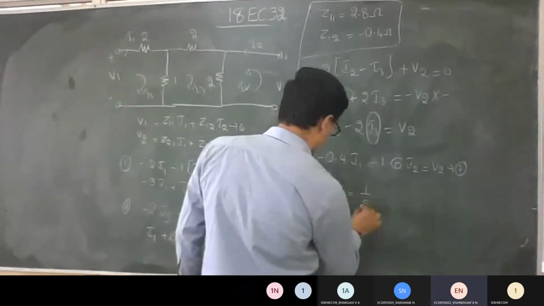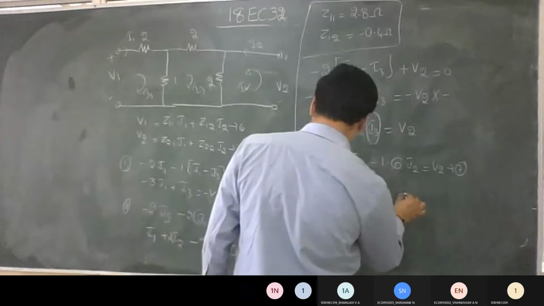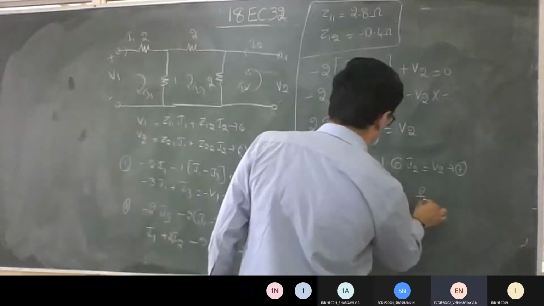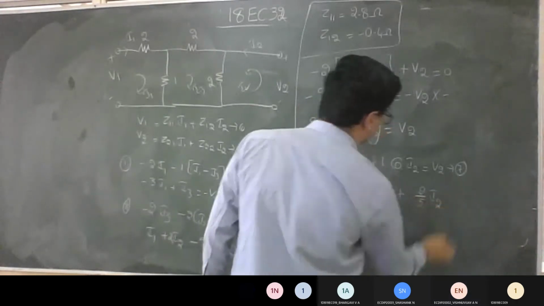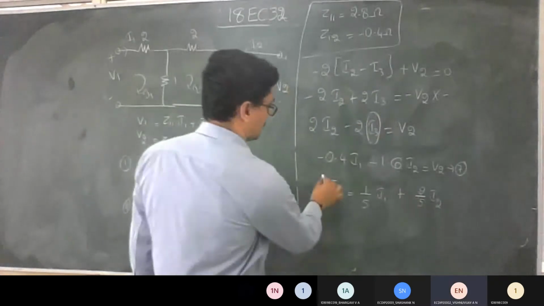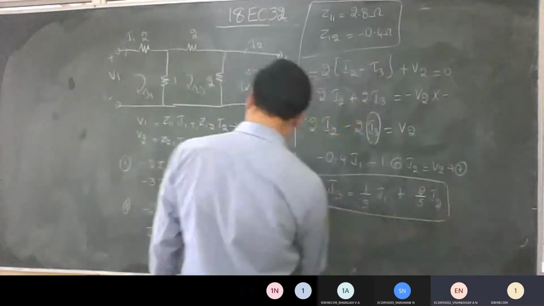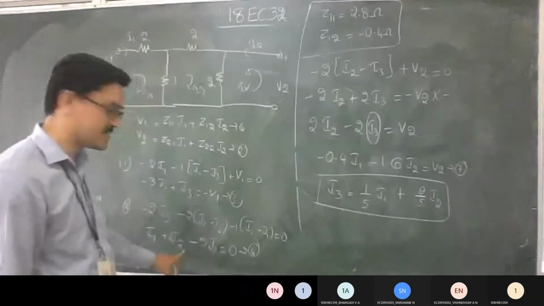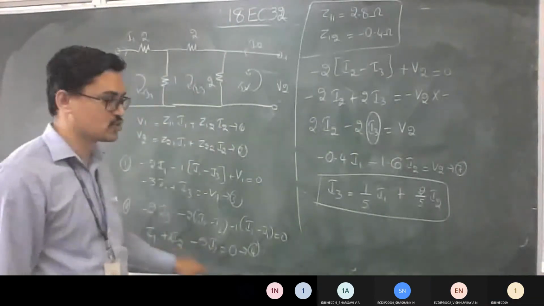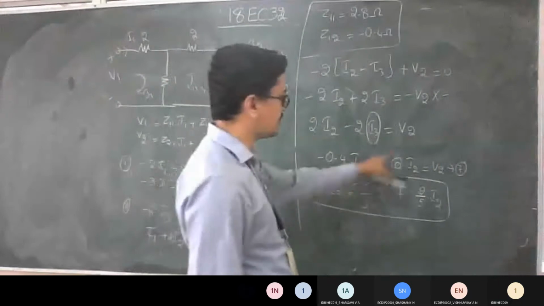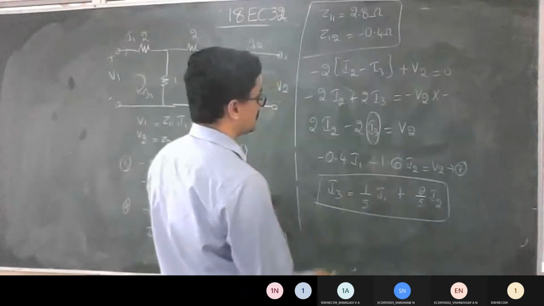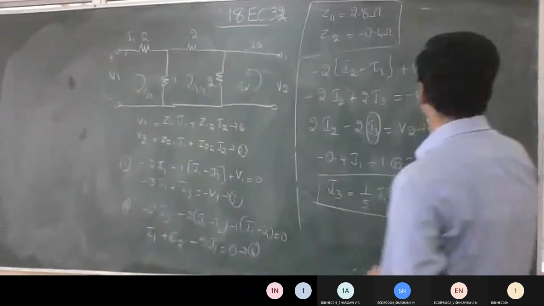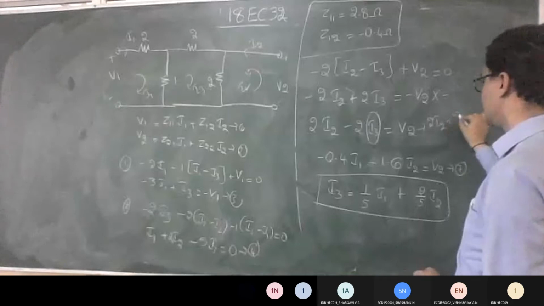It's 1 by 5 I1 plus 2 by 5 I2. Sorry, wrong? 5 by 2, sir. No, sir, 2 by 5 I2. Look at the equation here only, from this it's 2 by 5. So substitute this in the equation I told. After substituting, how does it look?